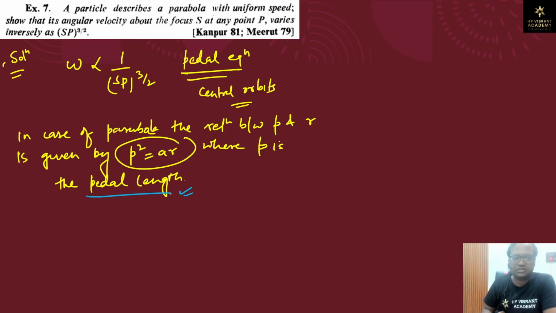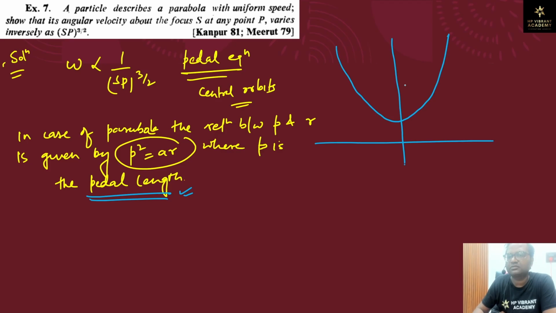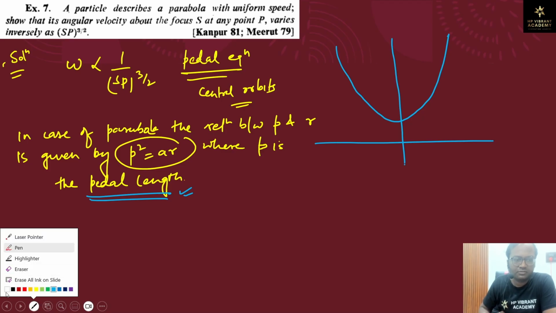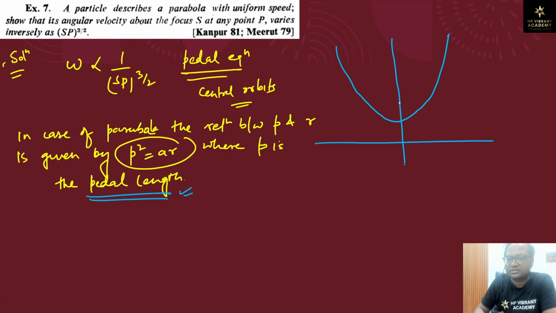Let us understand this graphically. Let us draw a parabola like this. Let us consider this as the focus. We will drop a perpendicular on a tangent.